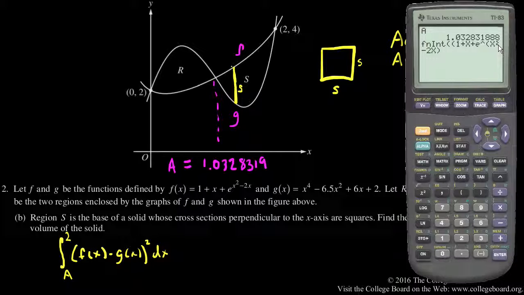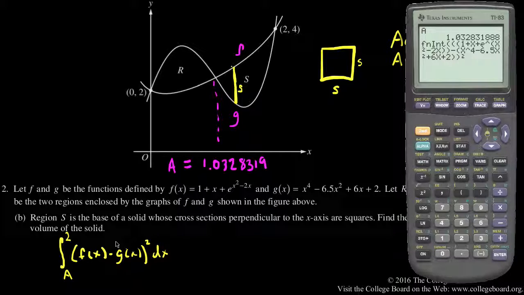So that's going to be f. Let me put a second set of parentheses in here so I have everything good. So that was f of x, close that off, minus g of x, which is x to the 4th, minus 6.5x squared plus 6x plus 2, close that off, that's g, all squared.